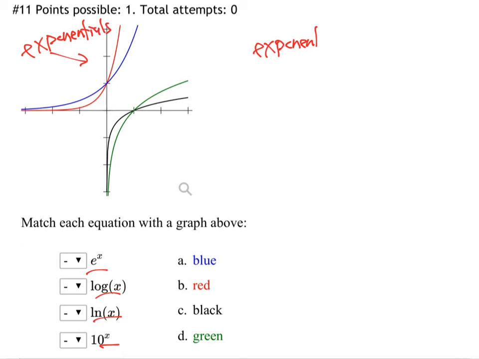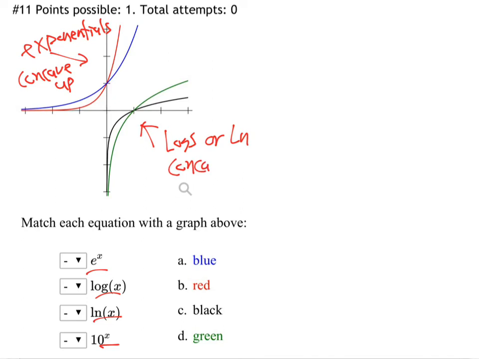Because they're rocketing up. And these 2 are the logs, log or natural log, because they're not going up, they're concave down. So exponentials are always concave up. They're like a bowl turned up. And logs are concave down. They're like a bowl turned down.